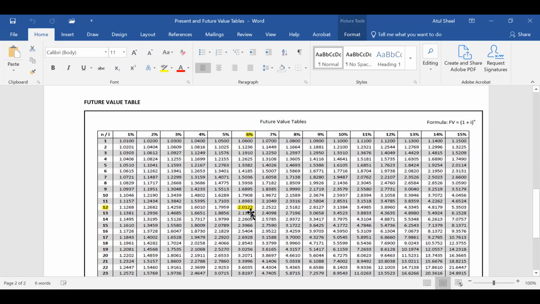That's it. So this will grow. As the interest rate grows, the value grows. As the number of years go, you'll see that the value grows. So that's how it works. You can read it off and multiply the cash flow and you'll get the future value. So that's how you read the tables.